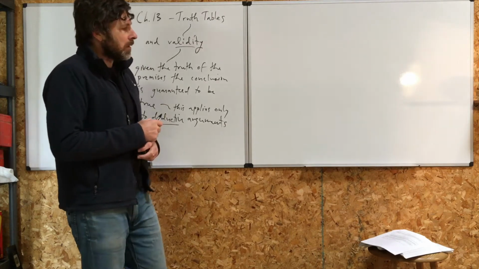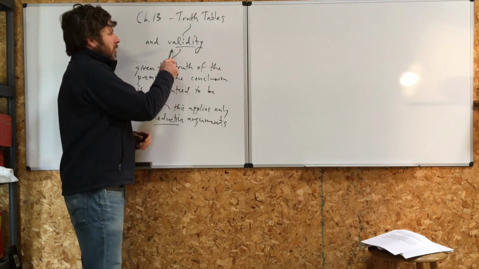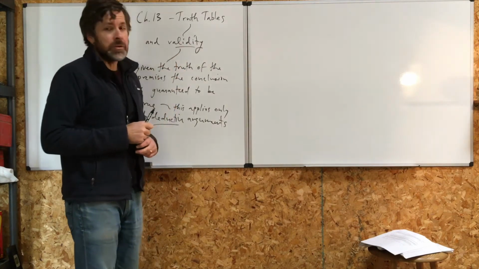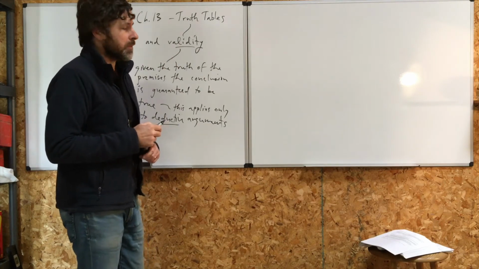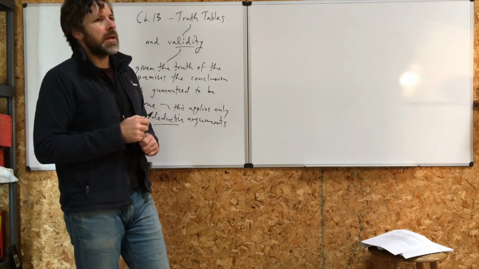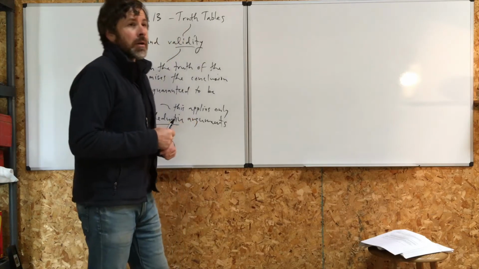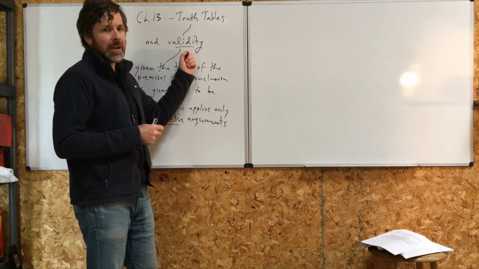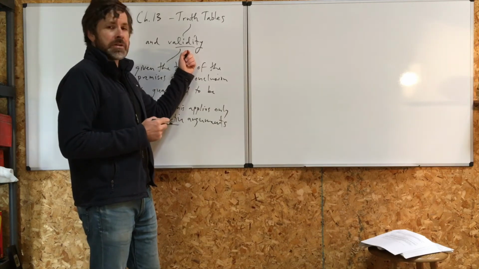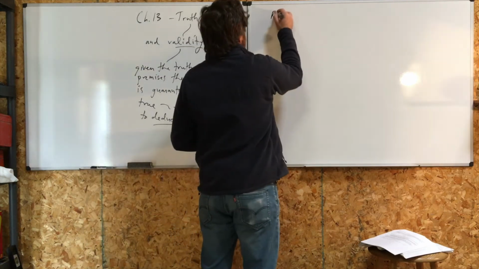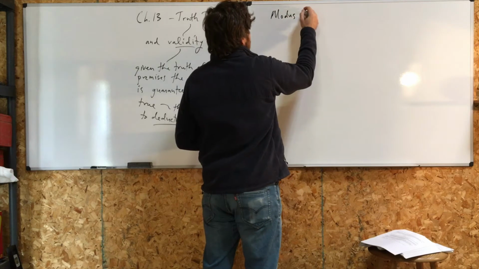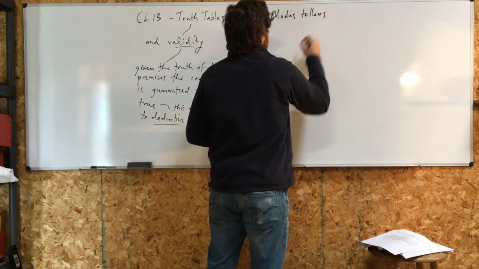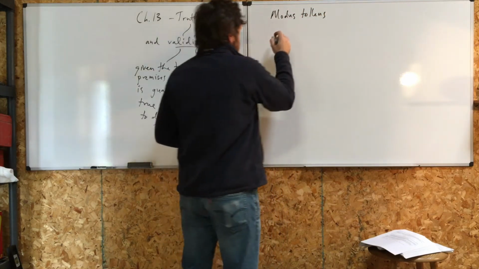All right, let's look at how to determine the validity of arguments using truth tables. Let's first of all take an argument form that we know to be valid. Let's take modus tollens. Remember what that is?